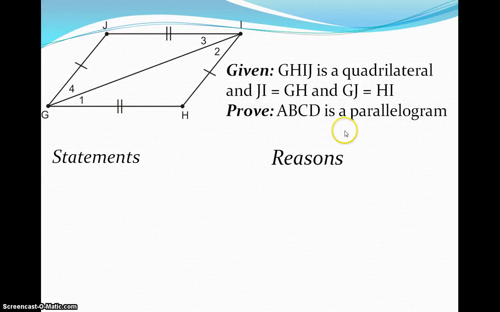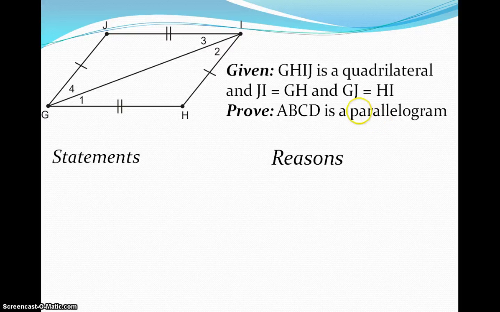I know that it's a quadrilateral, meaning that it has four sides, and I know that JI is equal to GH, and JG is equal to HI, meaning the opposite sides are equal. I would like to then prove that it is a parallelogram.